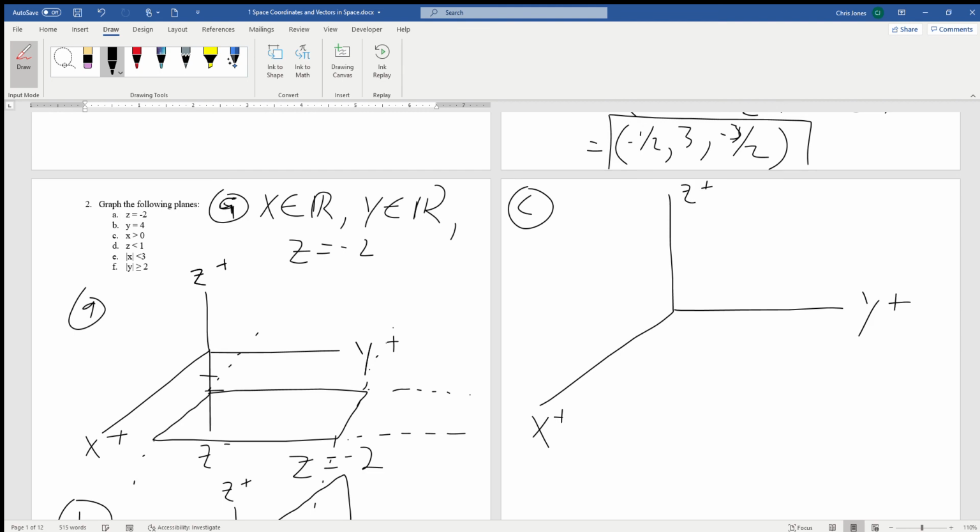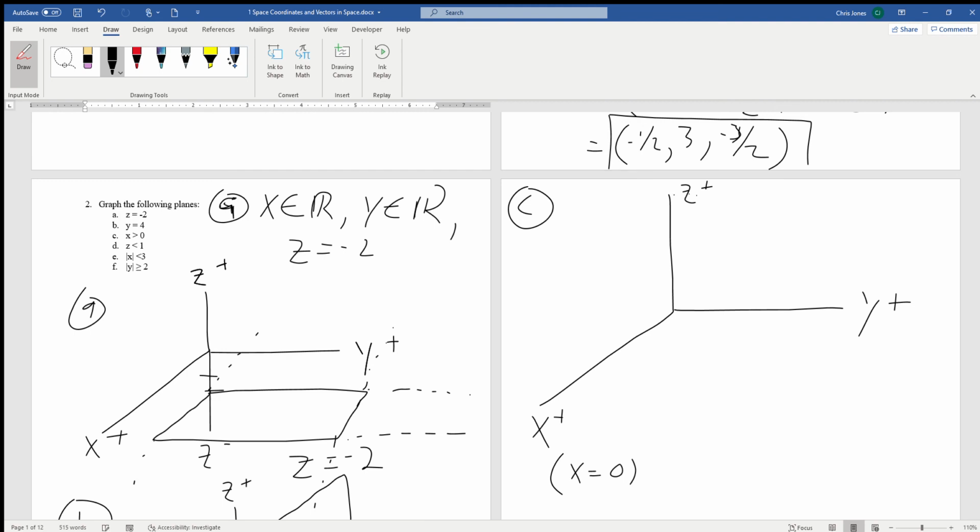X greater than 0. So that means that we need to first of all plot the plane x equals 0. So first of all, we're going to plot x equals 0, and we're going to have one caveat to that. Now x equals 0 means that y and z can be anything. All right? So essentially x equals 0 is going to be right through the yz plane.